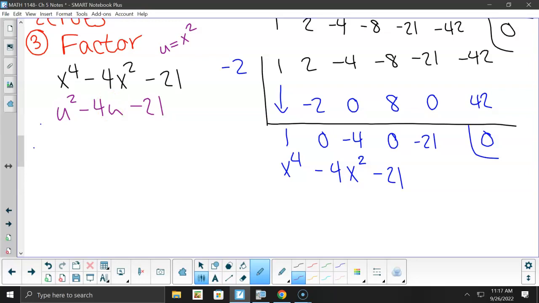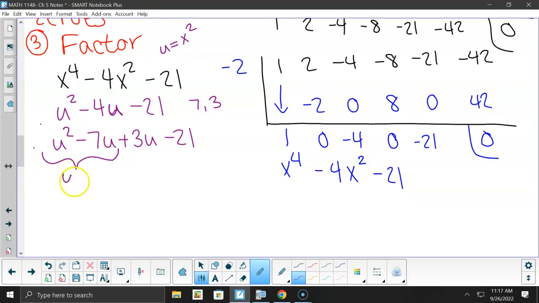Alright, can I factor that? So, 7 and what? Which one's positive, which one's negative? It's a negative 4, so my bigger number should be negative. So I've got U squared minus 7U plus 3U minus 21, and apparently I have to write slow because my poor computer can't handle it today. It doesn't really matter, because you'll end up getting the same factored form anyway.